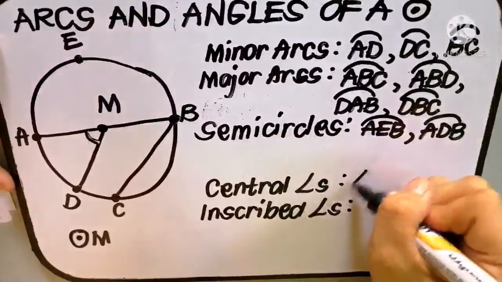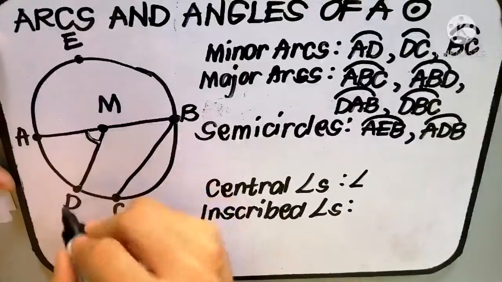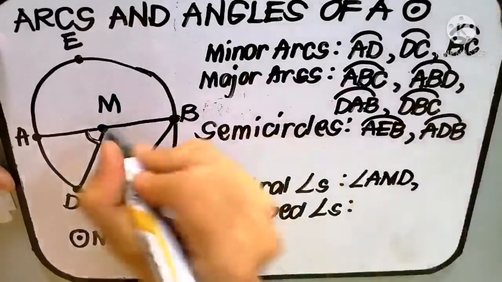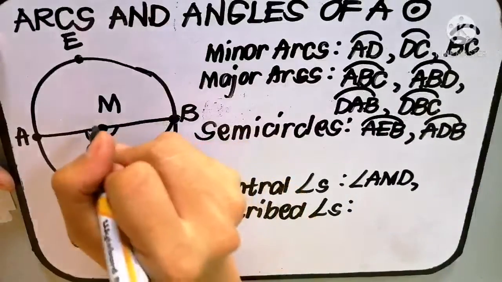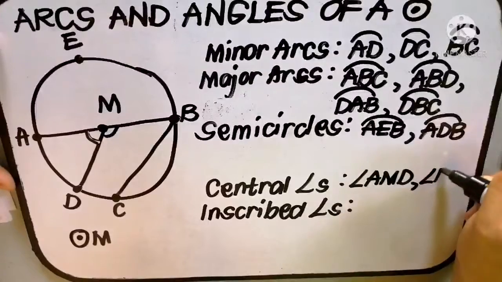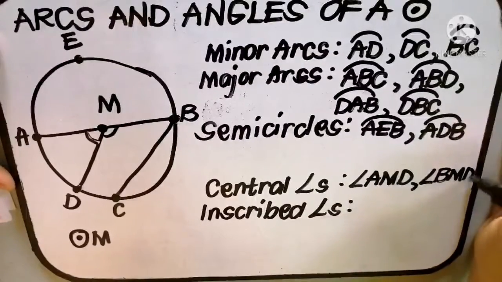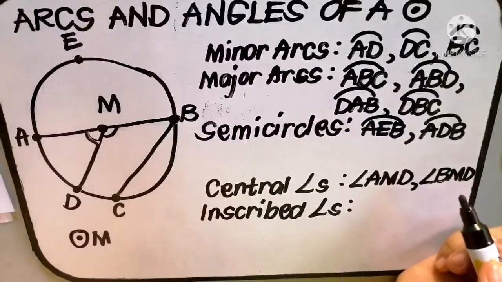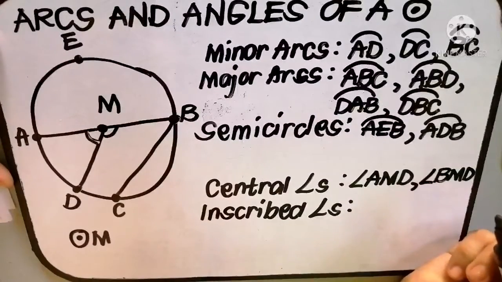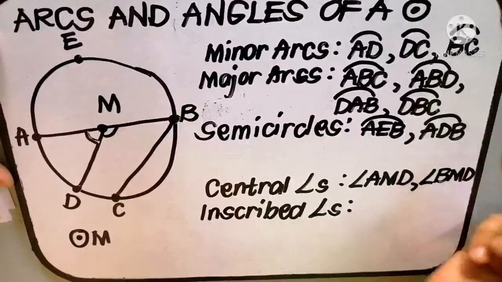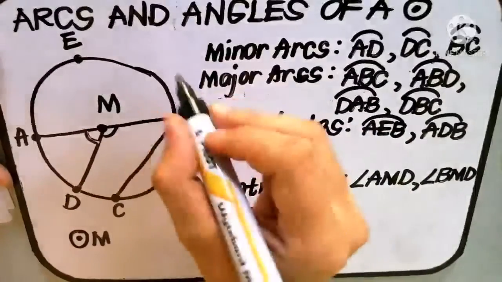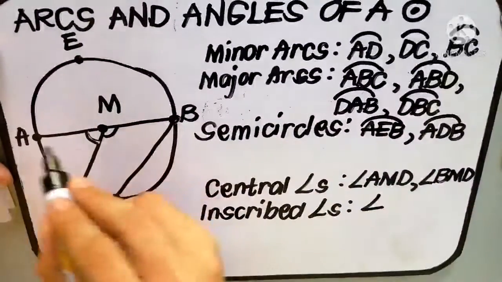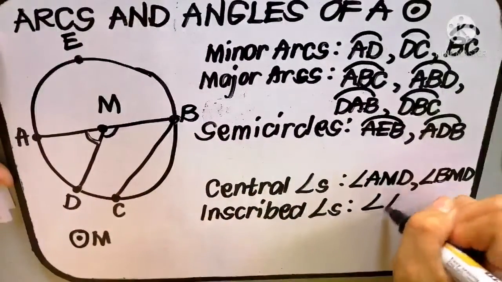So central angle AMD and central angle BMD are examples of central angles. Now, an inscribed angle is an angle formed by two chords, and the vertex is a point on the circle. So here we have inscribed angle ABC.